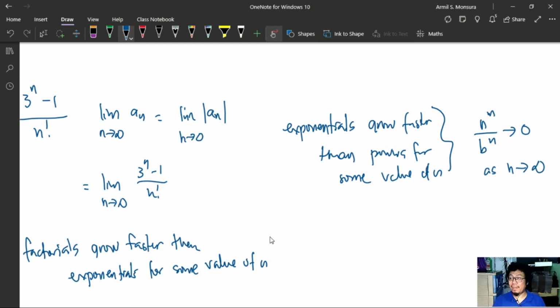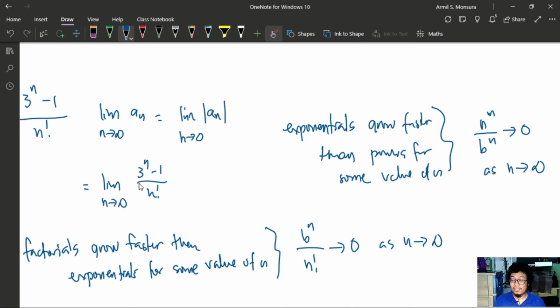We can use that same argument here to write that b raised to n over n factorial approaches 0 as n approaches infinity. Same argument, same result.